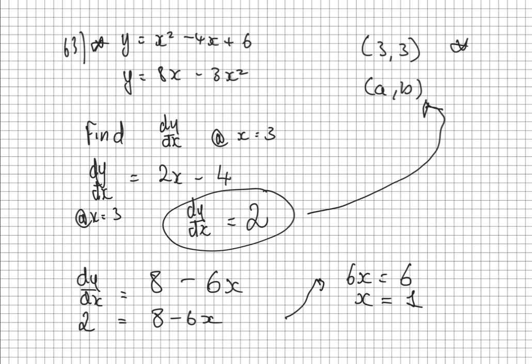In other words, a equals 1. We need to find b, the y coordinate. So just substituting into the original, you had y equals 8x minus 3x squared. So if x equals 1, you're going to have 8 take away 3, which is 5. In other words, b equals 5. So a, b is 1, 5. And that's us done.